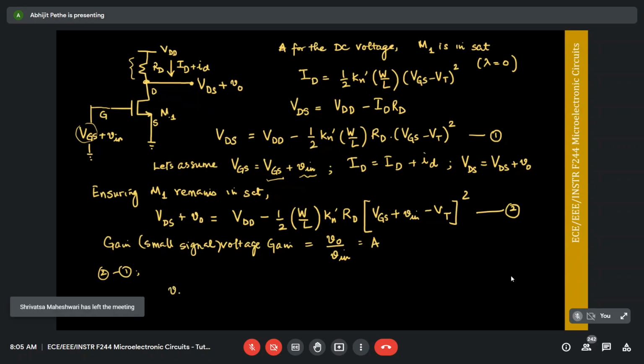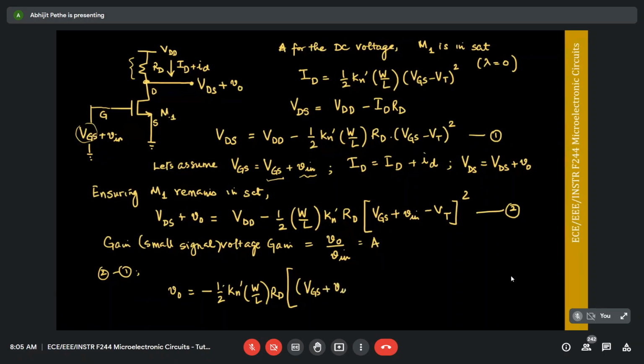I get V0 is equal to, VDD gets cancelled, minus half Kn prime W by L RD, right? I've pulled the minus out. This term is VGS plus Vin minus Vt the whole squared, minus this term, which is VGS minus Vt the whole squared, right?